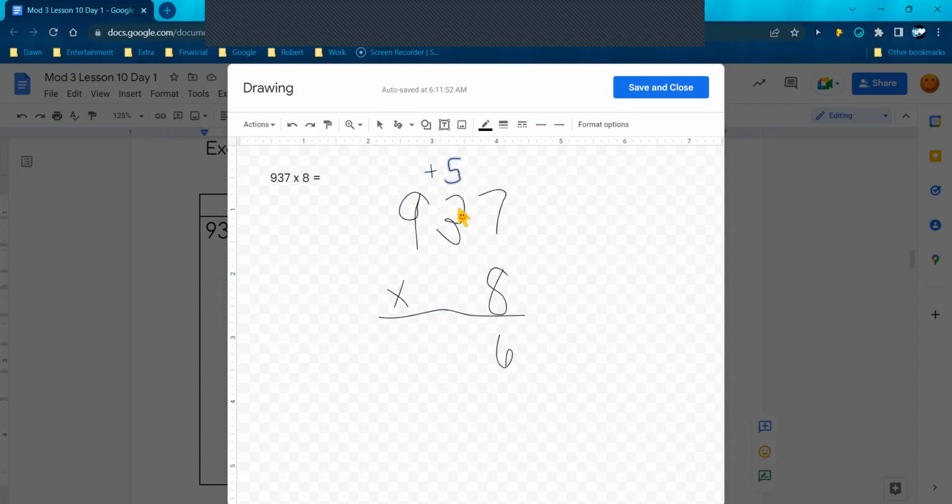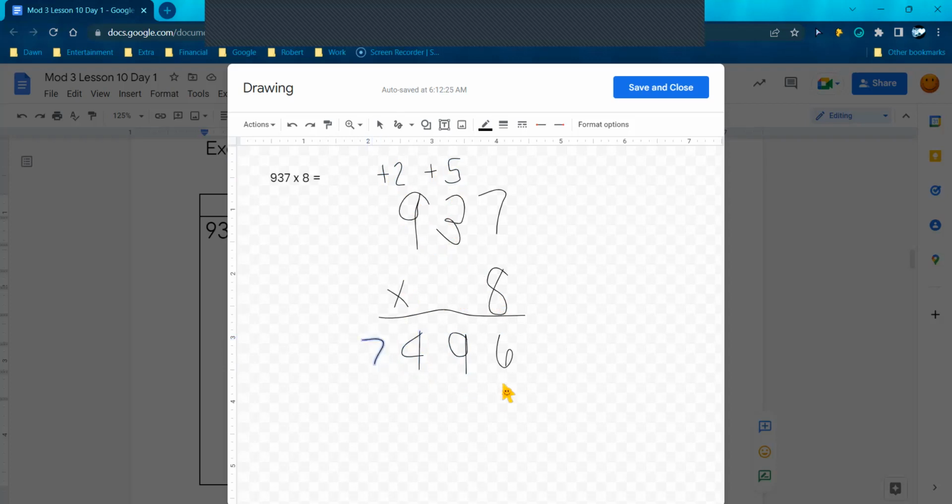I don't just have it in the boxes because it reminds me I have to add it and not multiply. Now I do 8 times 3 tens, which is 24, plus 5 is 29. So again, my 9 gets dribbled and my 2 gets shot or carried, however you want to look at that. Then I do 8 times 9 100ths, which is 72, plus 2, which is 74.